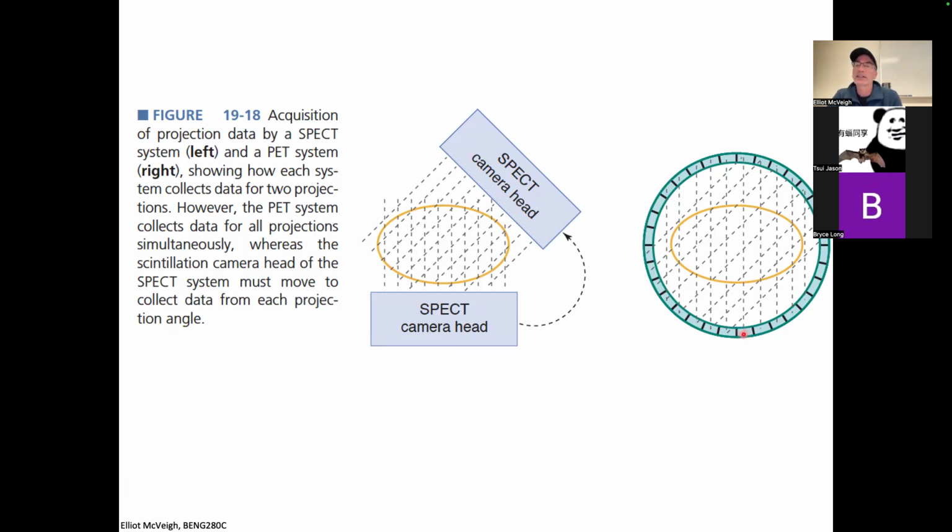If I look at this detector and all of its possible companions who give me coincident detection, so let's say this one and this one and this one, I'm clicking through angles, basically. And so if I click through all detector pairs, I click through a lot of angles. So pretty fast.